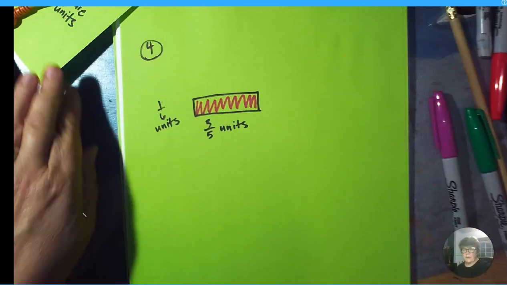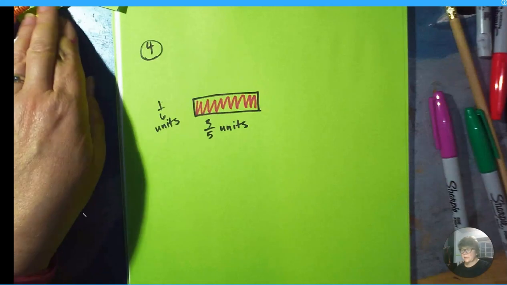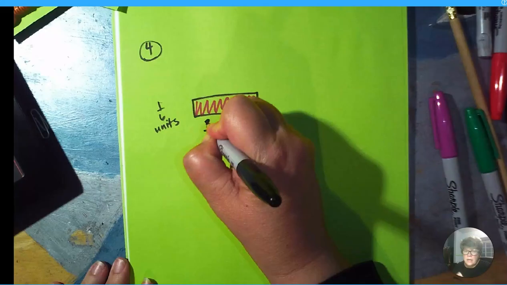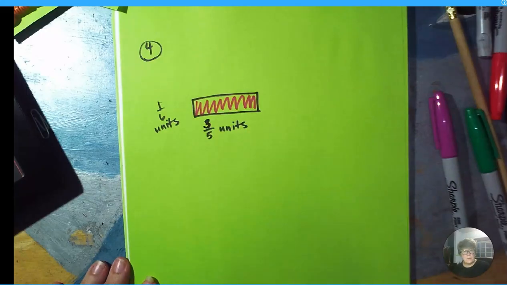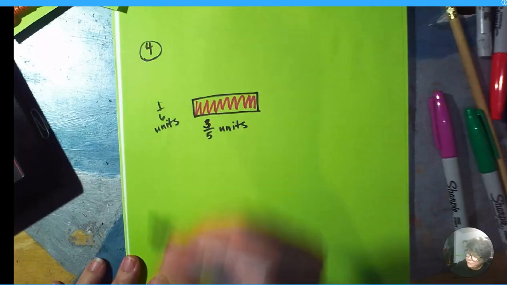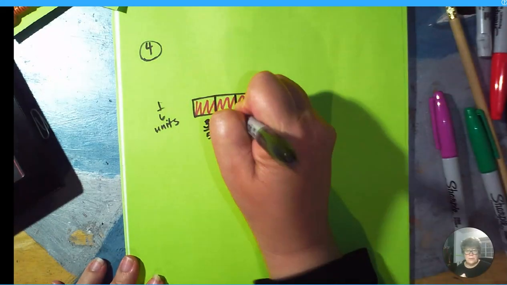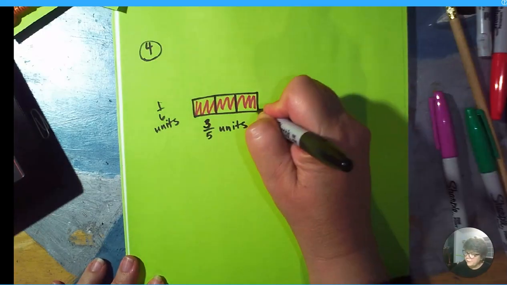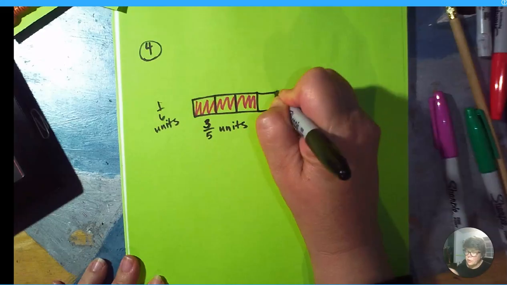Completing out the fractions, right? So if I have 1/6, I need to have 6 parts. If I have 3/5, I need to have 5 parts. But I already have 3, right? So if I already have 3, there's my 3, then I need 5 altogether, so that would be 2 more.